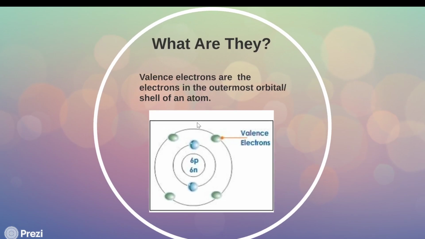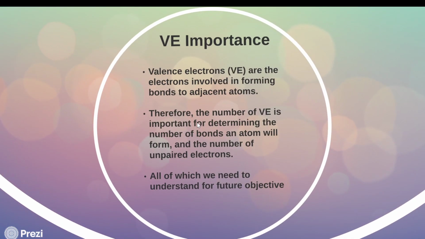First, valence electrons are the electrons in the outermost orbital or shell of the atom. They're the electrons that are involved in forming bonds to adjacent atoms. Therefore, valence electrons are important for determining the number of bonds that an atom can have and the number of unpaired electrons, which affects the shape of the atom or the compound.